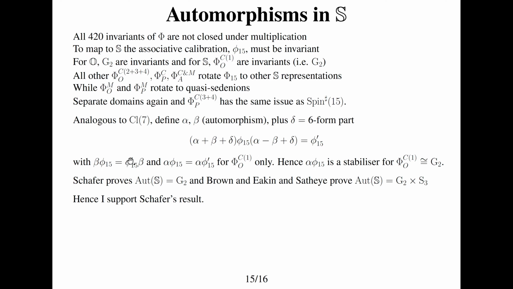B is the four terms, the four 90-degree rotation terms, the two forms, and it has the action of the full rotation group. And alpha is a stabilizer for that rotation group, but only for the G2 representation. So I'm betting that Schaefer is right, and that's the automorphisms of Sidonians. It's just the 15-dimensional G2 representation.